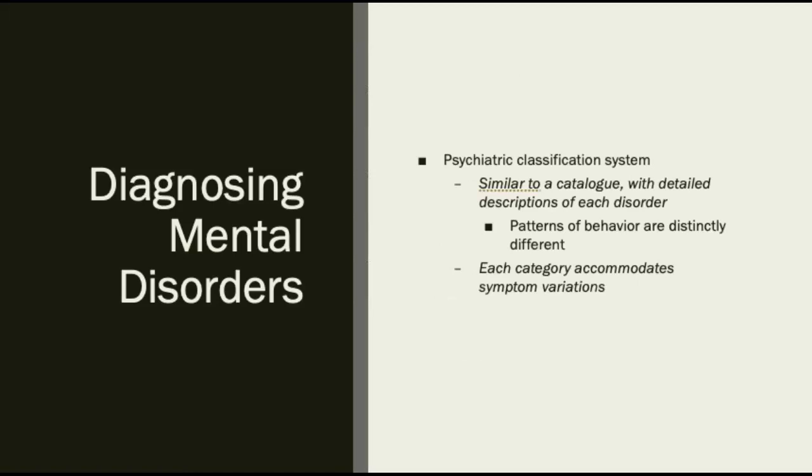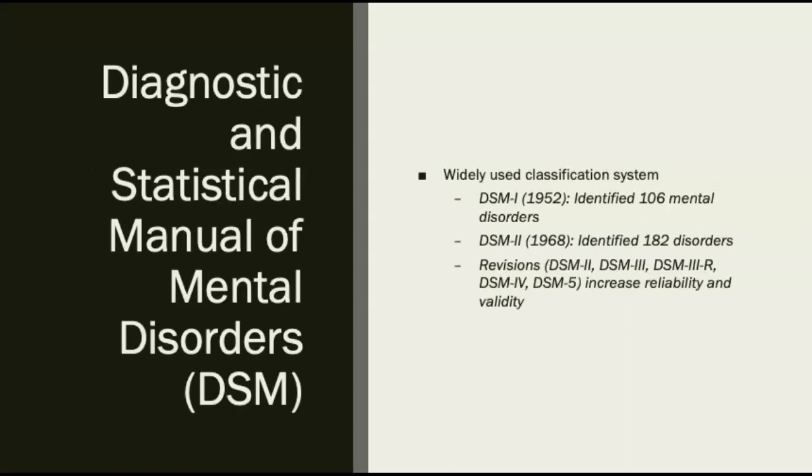Diagnosing mental disorders. So we are going to be coming back to the DSM-5 again, which is the classification system that most mental health professionals use to diagnose individuals. The first edition of the DSM was developed in 1952.